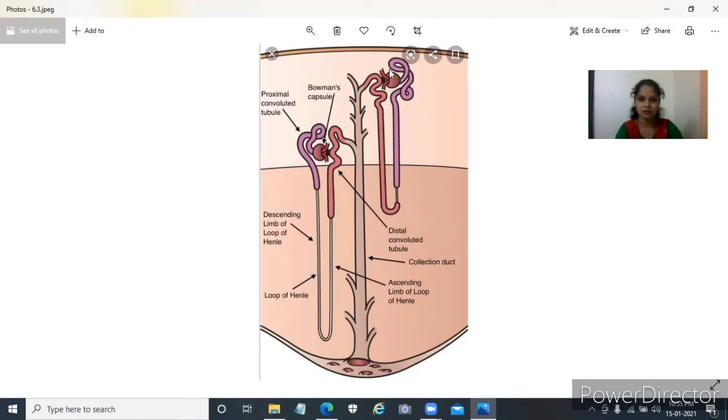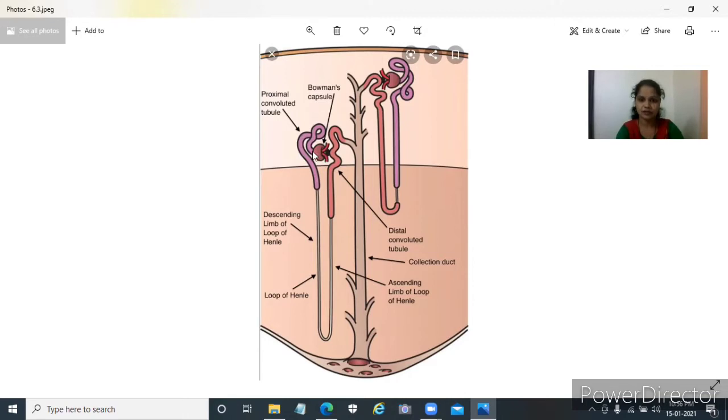Let's study the structure of the nephron. It consists of Bowman's capsule, the anterior portion, a wide, blind, cup-like structure.